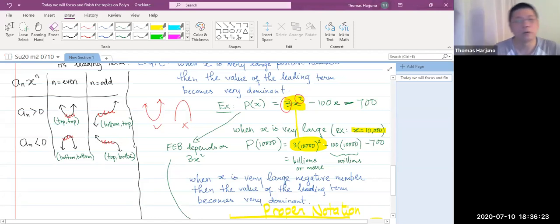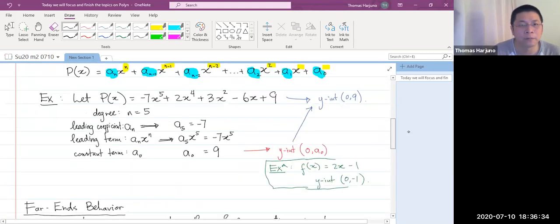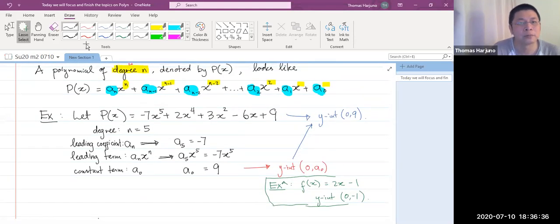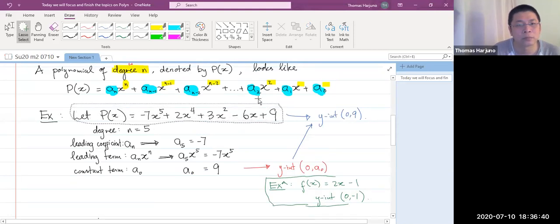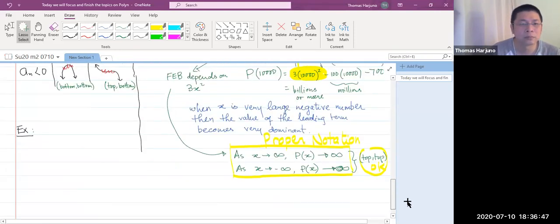Okay, so for a quick example, let me use the polynomial we have above there.